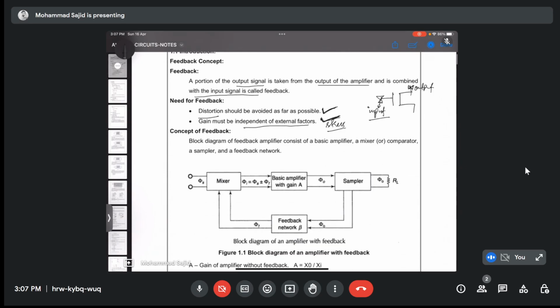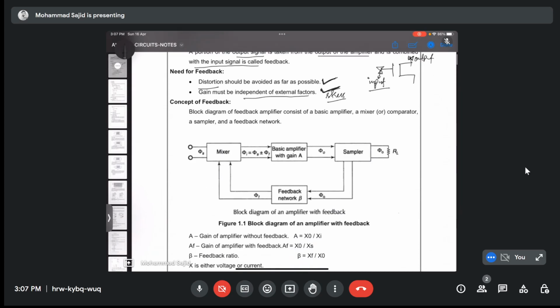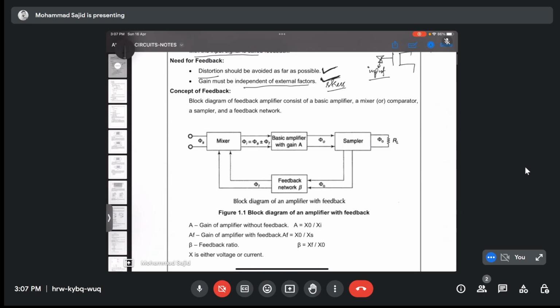This picture will give a clear representation of feedback amplifiers. Here it's shown, this is a basic amplifier with a gain A. That means it will be, let's say, a simple transistor, and it has a gain that is gm. Now, in feedback, you need four components.